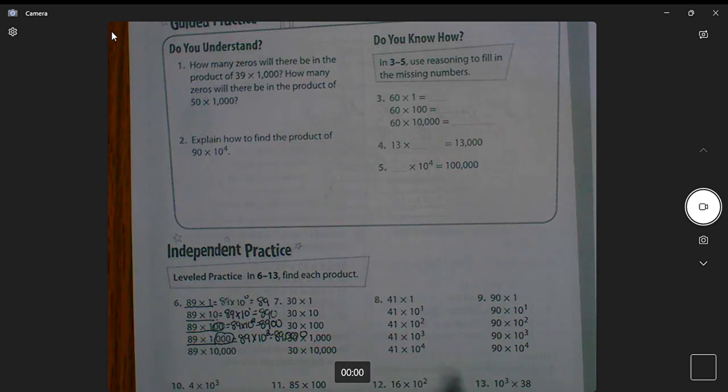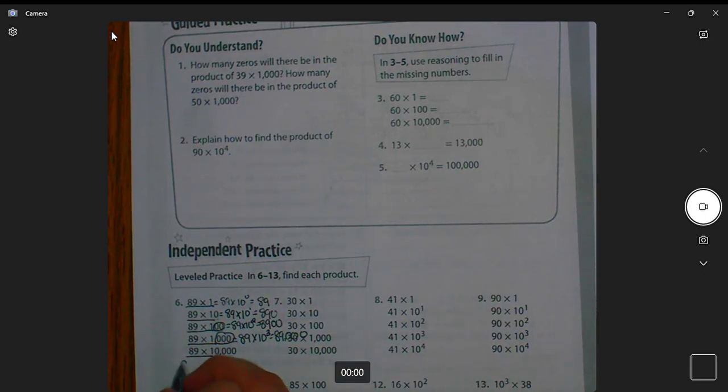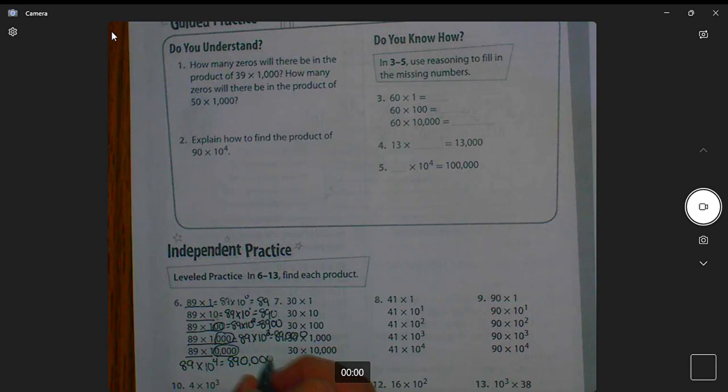Let's keep going. I'm going to find my basic fact again. I'm going to set up a math problem. 89 times 10 to the, how many 10s do I have? Right, 4. So I'm going to say 89, 1, 2, 3, 4 tens.